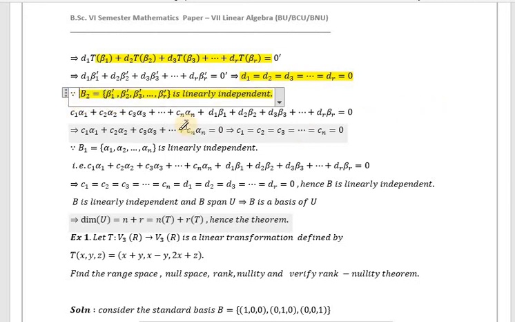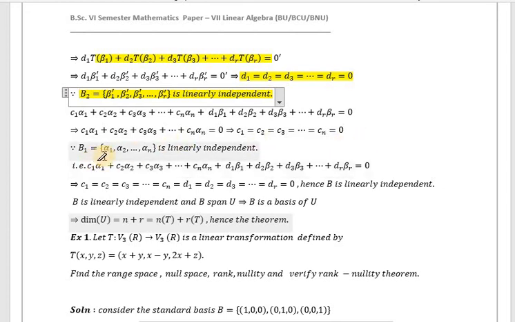Hence, the linear combination C1 alpha 1 plus C2 alpha 2 and so on, D1 beta 1 plus D2 beta 2 and so on up to Dr beta r is equal to 0. Since this is equal to 0, it implies that C1 alpha 1 plus C2 alpha 2 plus C3 alpha 3 and so on, C1, C2, C3 are also equal to 0.